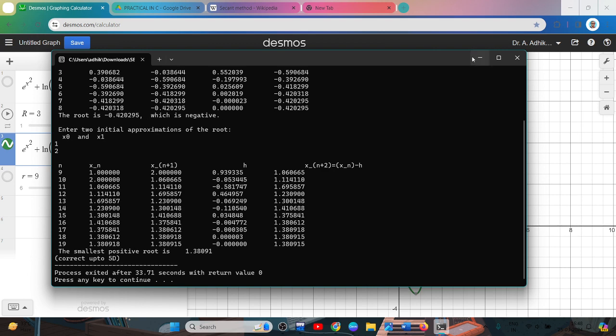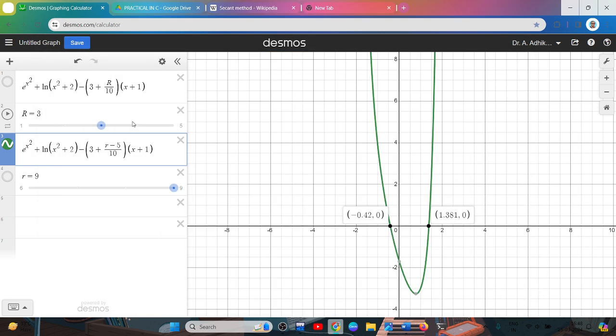If we run this problem for r from 1 to 5, say r equal to 3, you can change r to 2 or 4. When r equal to 4, we get the value 1.381.